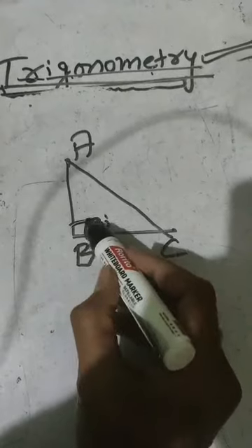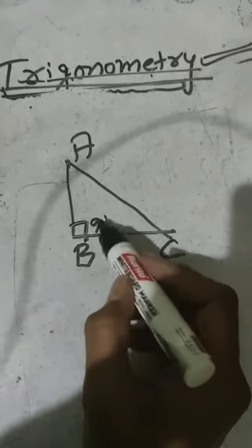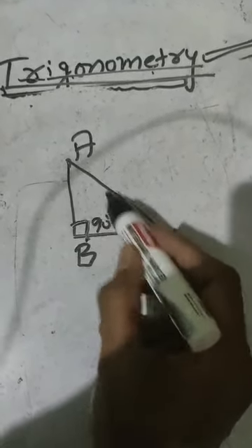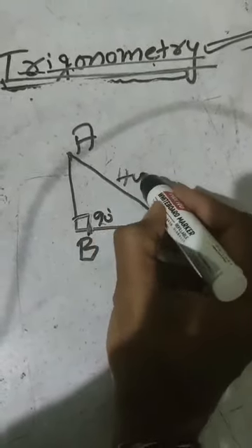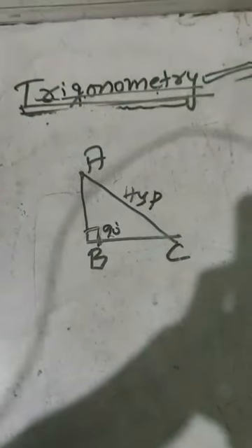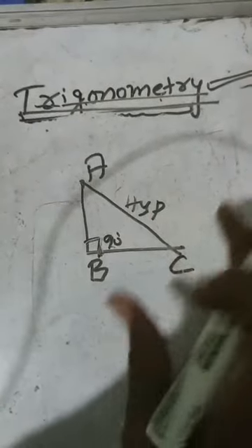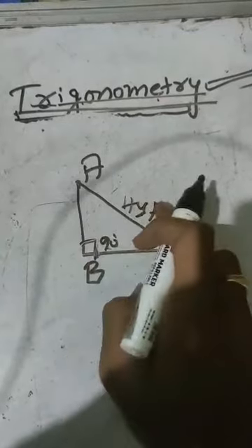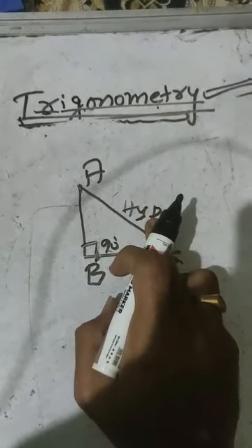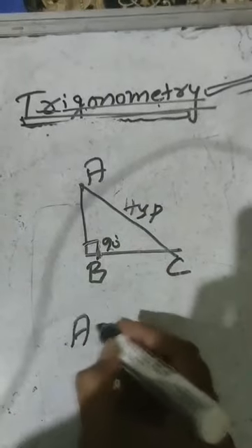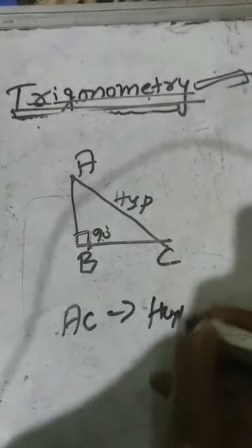Here angle B is the right angle, so the side opposite to this 90 degree angle is AC. Then we call AC the hypotenuse.